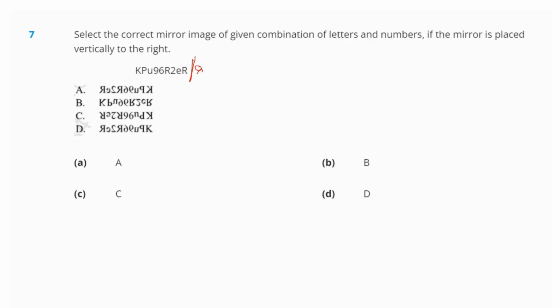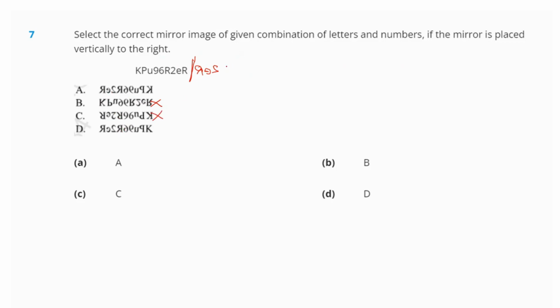So R will be this, P will be this, 2 will be this. Can you find any? So this will not be our answer. We have 3 options left and R is facing this side. This will also not be our answer. These 2 we have options left.